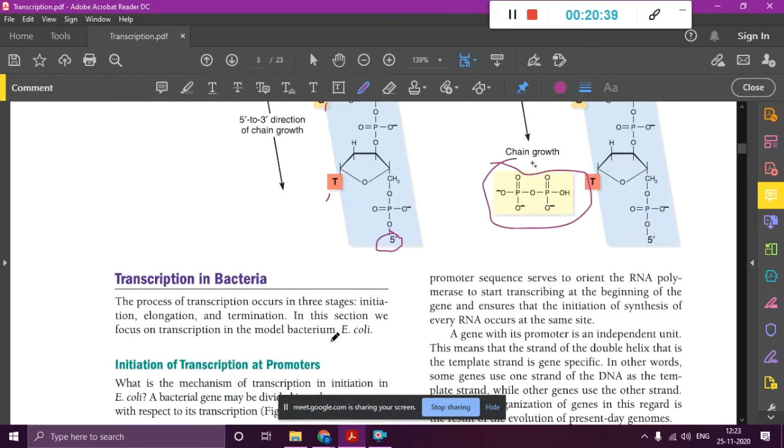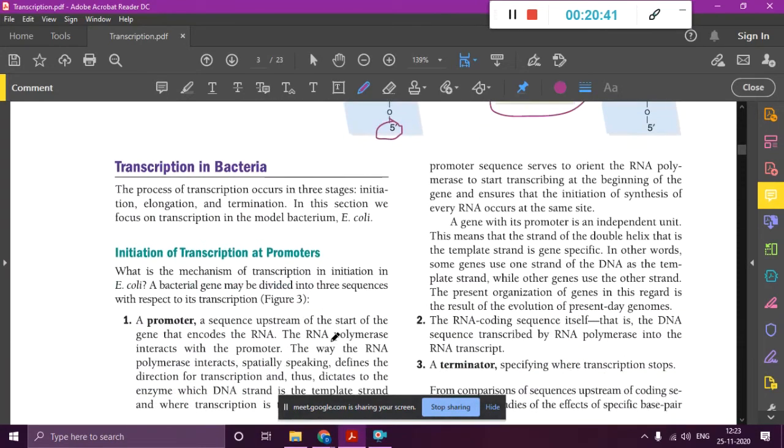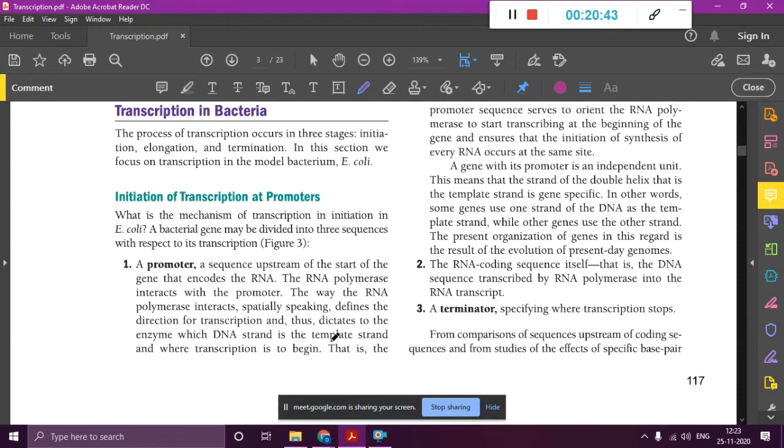So let us see the transcription in bacteria first. Let us consider that of E. coli. So let us talk about initiation of transcription at promoters. Promoter is basically a DNA sequence. I will just come to it. But what are the elements which are present?